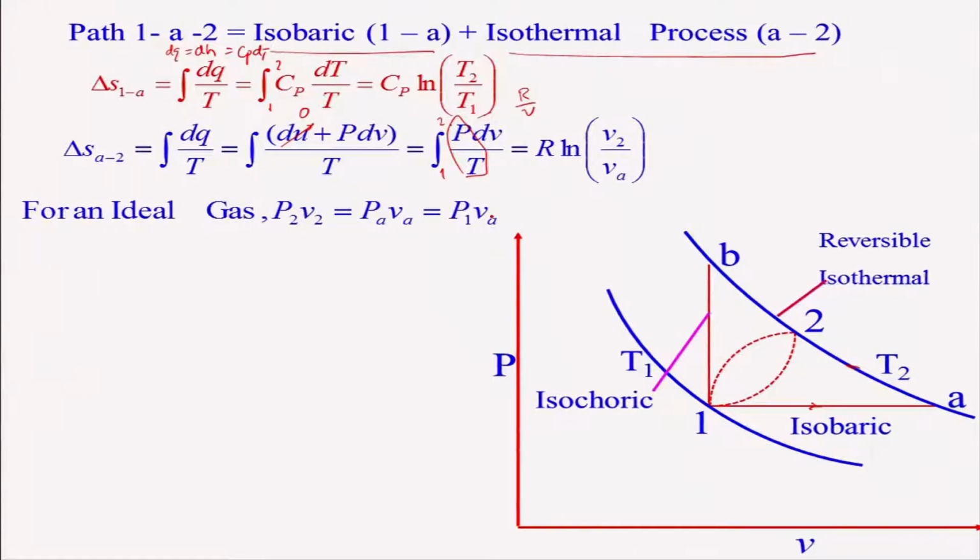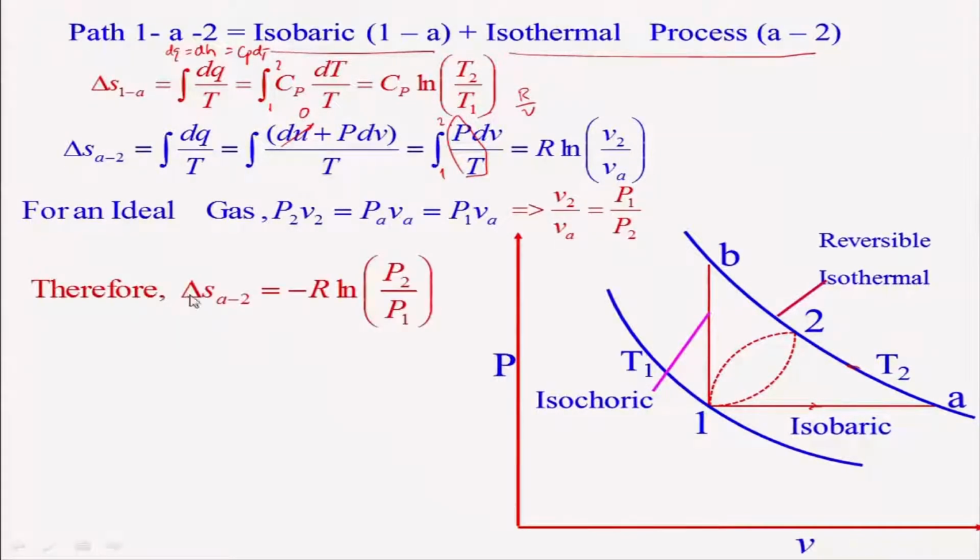So PA is equal to P1, and therefore we can write V2 by VA is equal to P1 by P2. So, the change in entropy for the path A2 is equal to minus R ln P2 by P1. Keep in mind that we are just inverting the ratio, therefore the minus sign comes over.